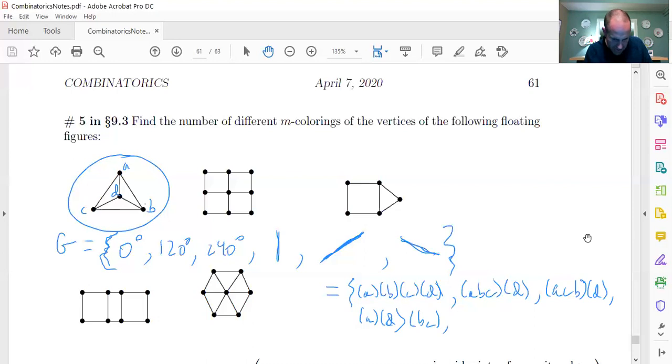Similarly, if I reflect in the positive slope axis, C and D are going to be fixed, and A and B are going to flip back and forth. And if I reflect in the negative slope axis, B and D are going to stay put, and A and C are going to flip back and forth.